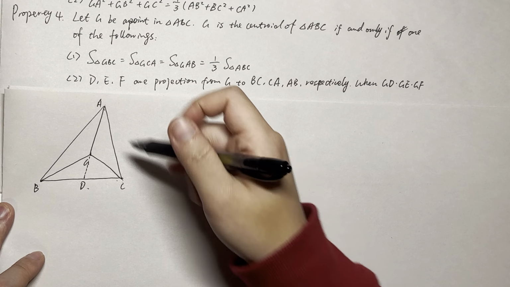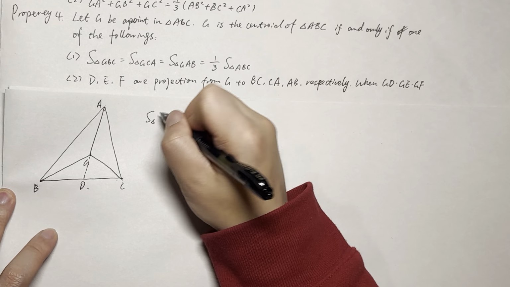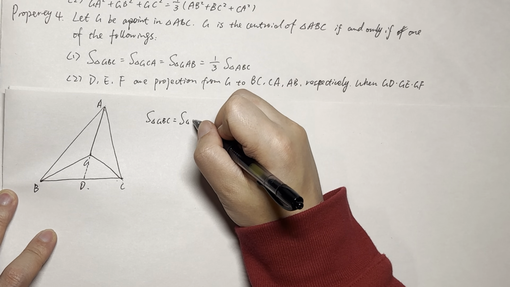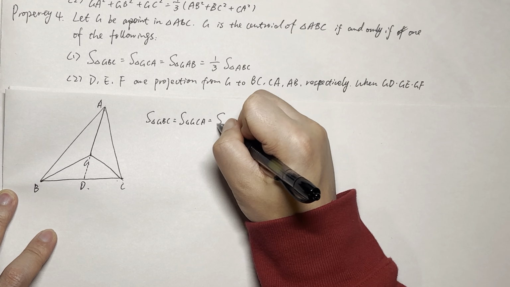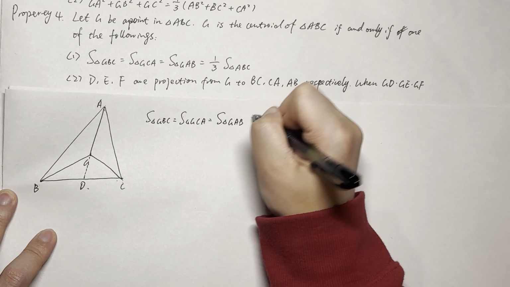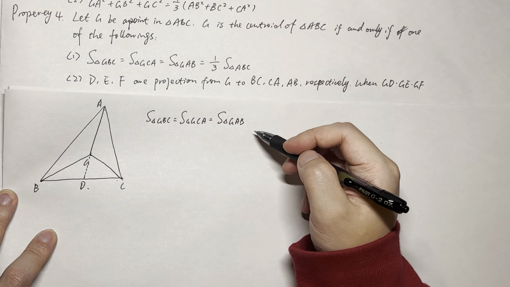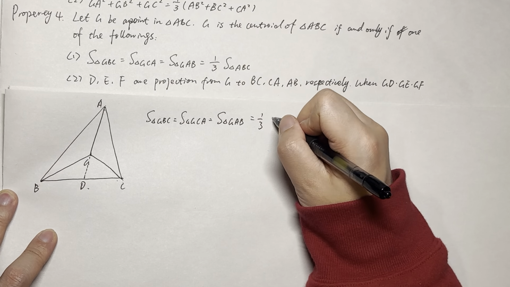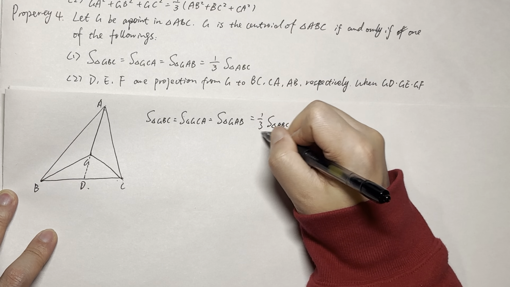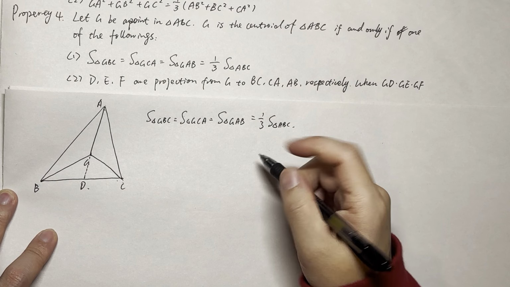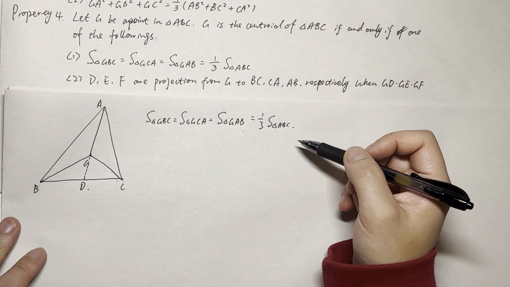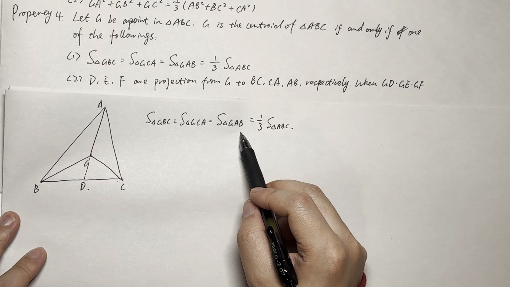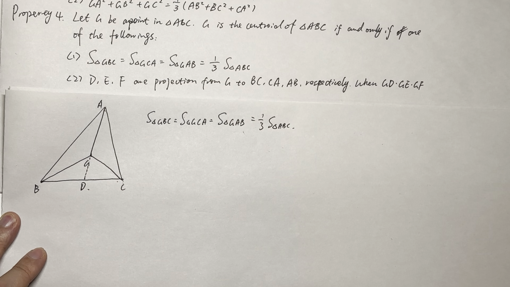And what if we already know that the area of triangle GBC equals the area of triangle GCA equals the area of triangle GAB? Well, if these three are equal, then they all definitely equal 1/3 of triangle ABC, right? So this is a redundant problem set, but let's say if we have these three equal, can we prove that G is a centroid?